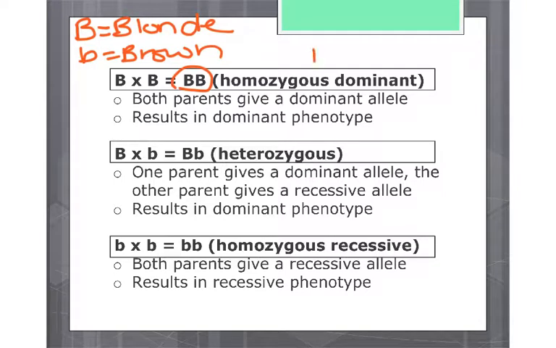So in this case, big B, big B are representing those two alleles. That means this individual is going to have, according to its phenotype, blonde hair. We describe this, when they have two of the dominant traits, as homozygous dominant. Both parents will give a dominant allele, resulting in a dominant phenotype.